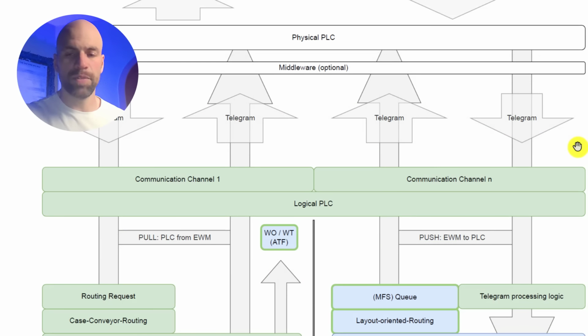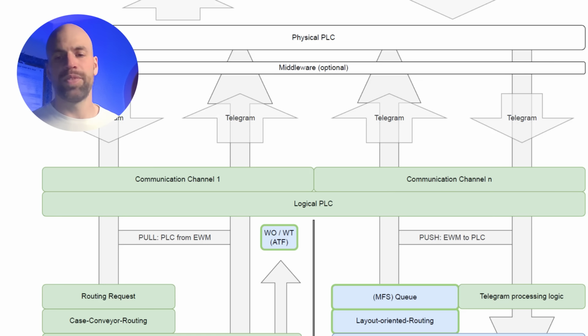And then you see here, and I mentioned that already at many places before, that we have the telegram communications. So telegrams are those strings of data which are being exchanged between EWM and the subsystem, and there is an optional layer here with the middleware. So this is something you might see in older projects back in the days when EWM was not able yet to talk directly via TCP/IP and the ABAP push channel technology to the PLCs.